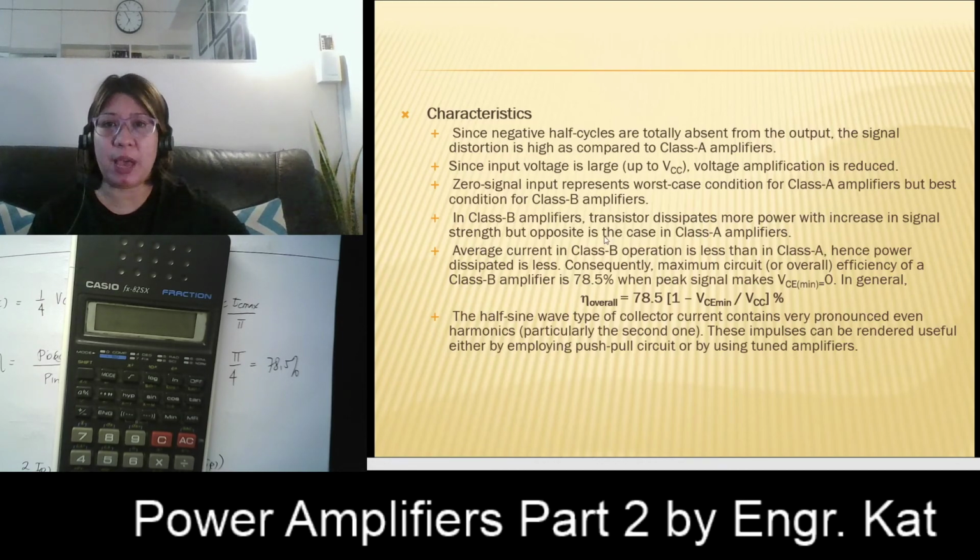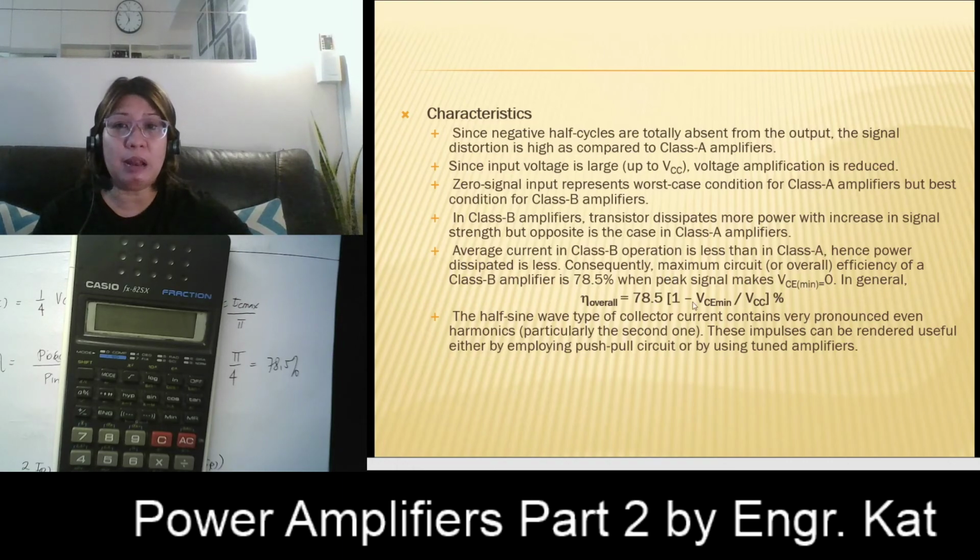In Class B amplifiers, the transistor dissipates more power with an increase in signal strength, but it is the opposite in the case of Class A amplifiers. So the average current in Class B operation is less than in Class A. Hence, power dissipated is less. Okay? So consequently, the maximum circuit or overall efficiency of a Class B amplifier is said to be 78.5% when the peak signal makes VCE minimum equal to 0.